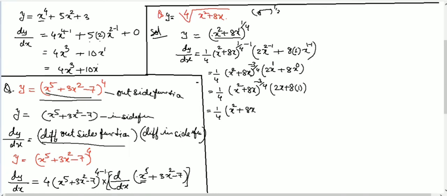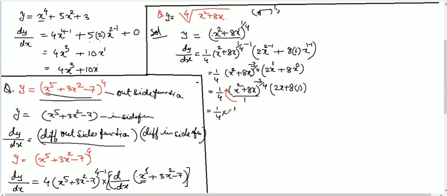As you can see here, the power is minus 3 over 4. We don't leave the power as minus 3 over 4. So what we will do, apply the same rule. We will take the reciprocal of this. So 1 will go up and this top line will come down, with a multiplication sign here.